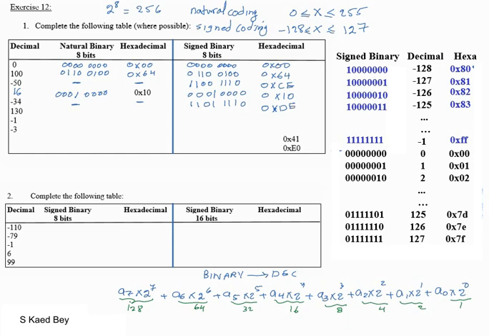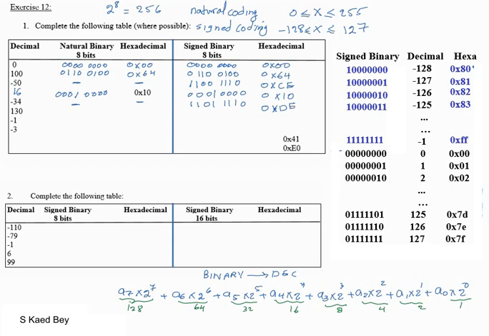Let's take the plus 130. Since this number exceeds the maximum allowed number in the signed coding, then we won't be able to represent this in a signed coding using an 8-bit representation.